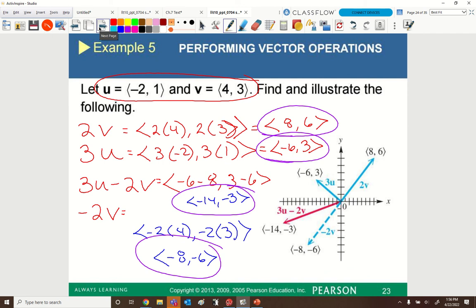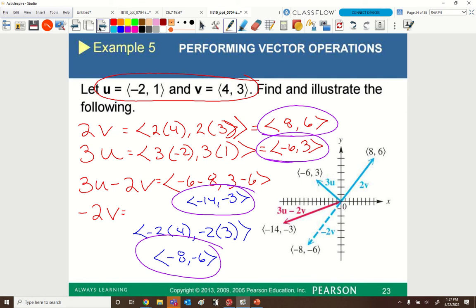Mister, I don't understand where you got these answers from. Where did you get 14 and 3? See these right here? Do you have these? Did you do 2 times vector v? Yeah, I got that part, but I'm talking about the 14 and the 3. Okay.